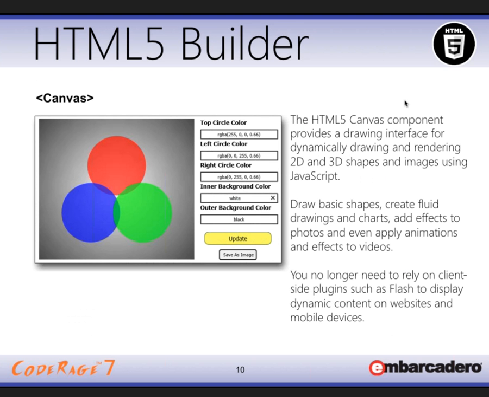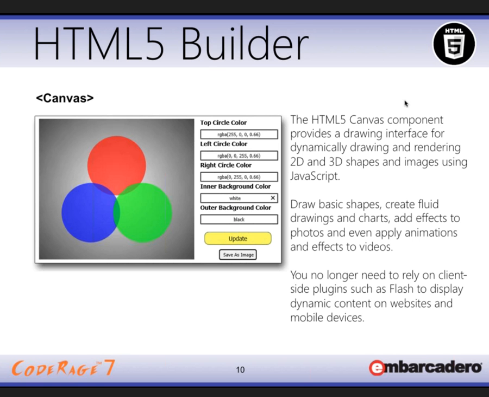Now, talking a little bit more about the canvas. The canvas provides a drawing surface, and just in the past where you'd have to use images, etc., the canvas allows you to do a lot of things with JavaScript. So you can not just only draw and render 2D and 3D shapes, but you can also combine it with animations and effects to, for example, pixelate a video, do different overlays. It's a really powerful surface that you can write code against to get really nice graphics effects.